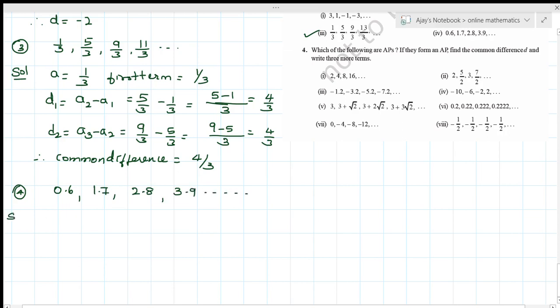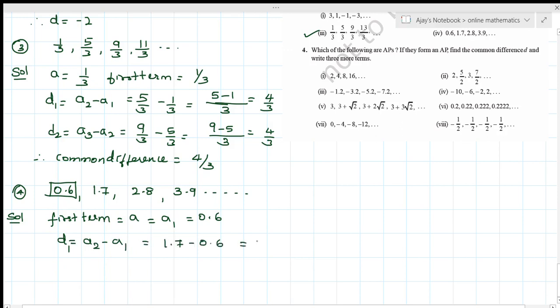As I told in the previous problem, the first term of the sequence is always your first term. So the first term is called a, also called term 1, a1, which is nothing but 0.6. So common difference d can be calculated. We calculate d1, a2 minus a1, that is 1.7 minus 0.6, which is 1.1.